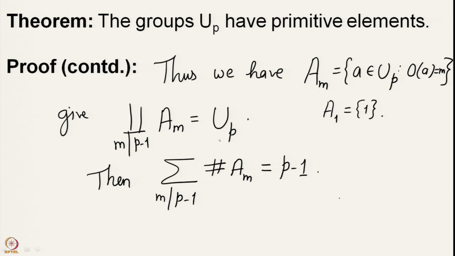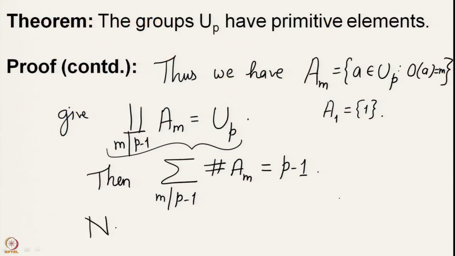Therefore, every element of Up is in some Am, and clearly Ams are subsets of Up. So, you have the equality that the disjoint union of Am is Up, which when you take the cardinalities gives you that the summation of cardinalities of Am for m dividing p minus 1 is p minus 1.